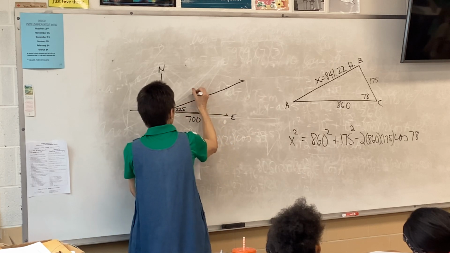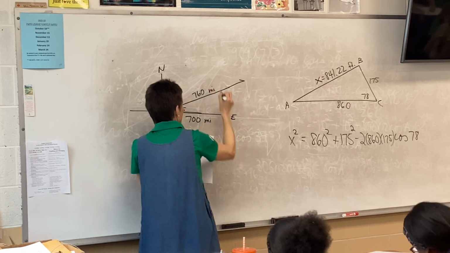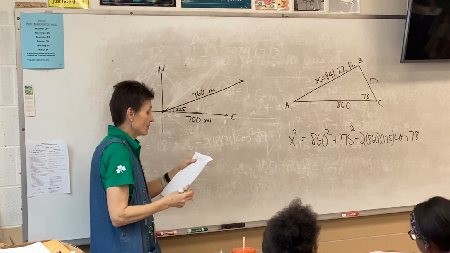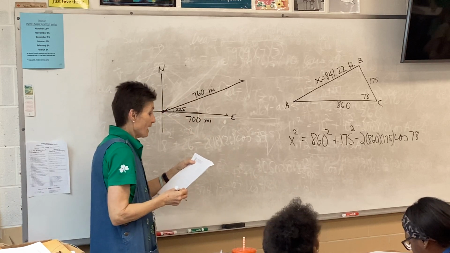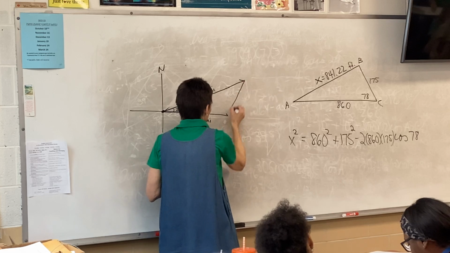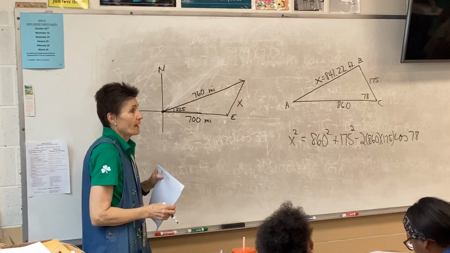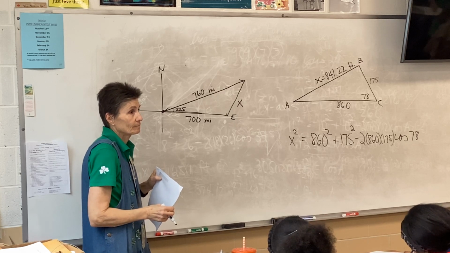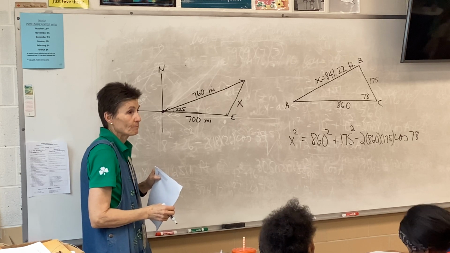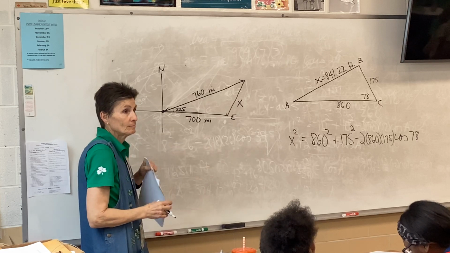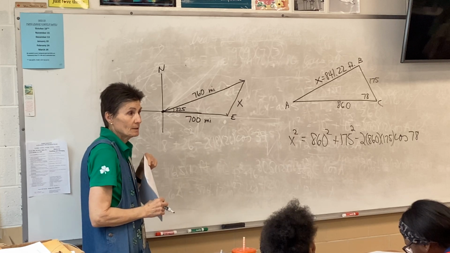How far? 760? 2 hours at 380 miles an hour? How far apart are the two planes after that 2 hours? Does that make sense to you? Yeah. How far apart are they?